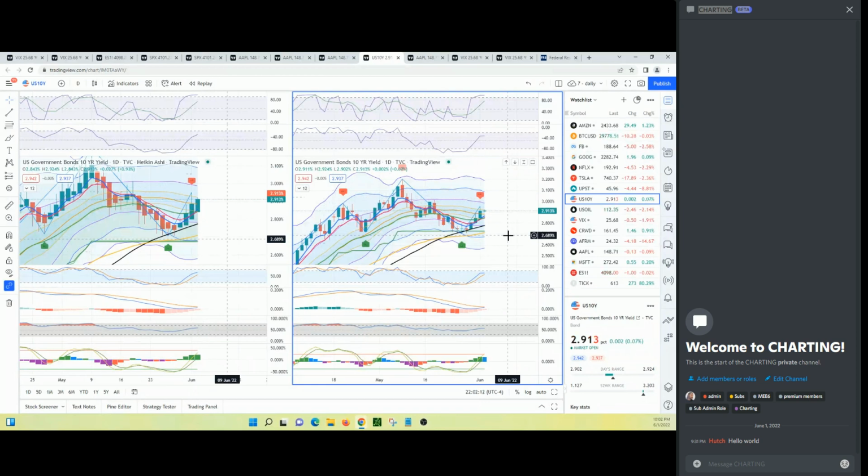They use that thing in crypto. Yeah, well, it looks to me like it works pretty good with the SPY too. I put some other stuff in the charting channel.